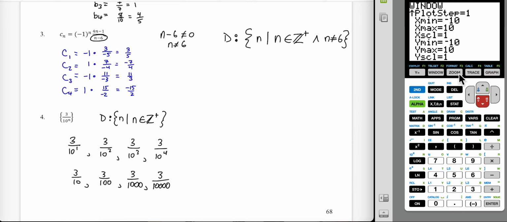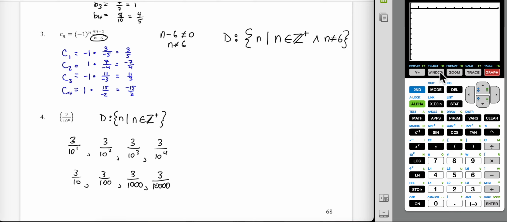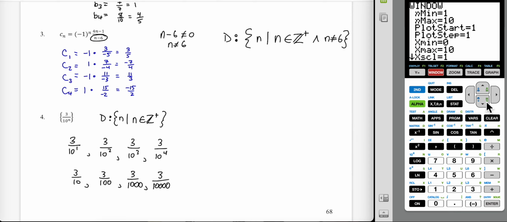The first value that we have here is 3/10. So let's make our y max something closer to like 1, and let's ignore any negatives for x min, and maybe only go out to, we could leave it at 10. Right. Oh, actually, I just realized that I didn't change my y min.